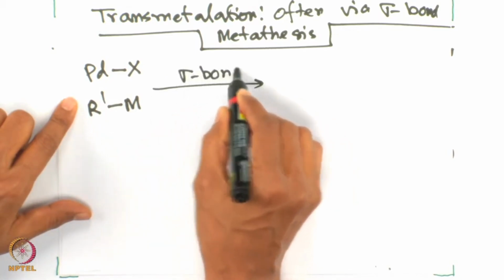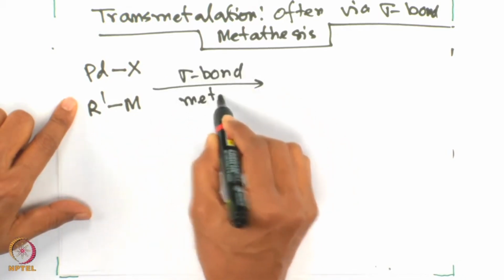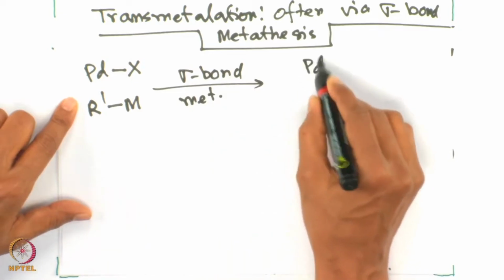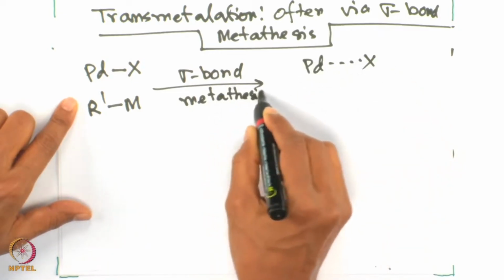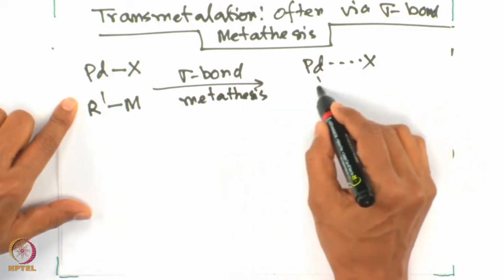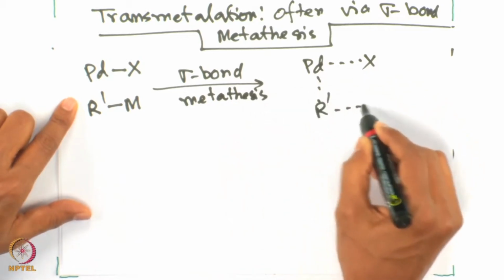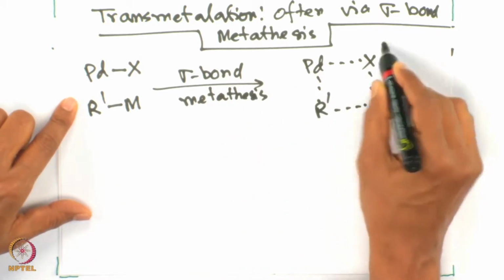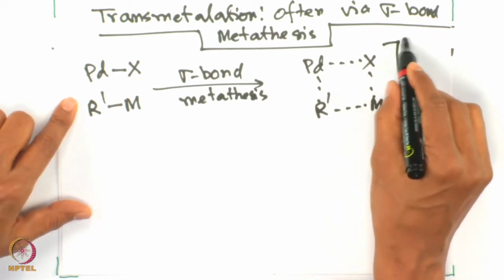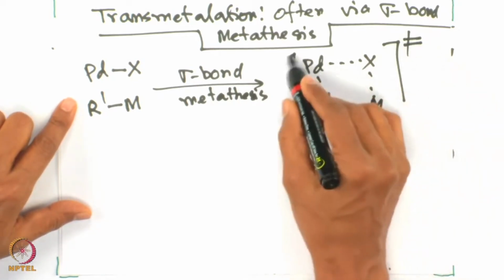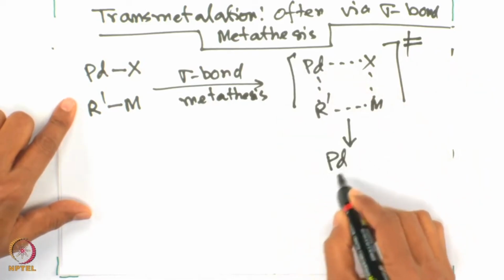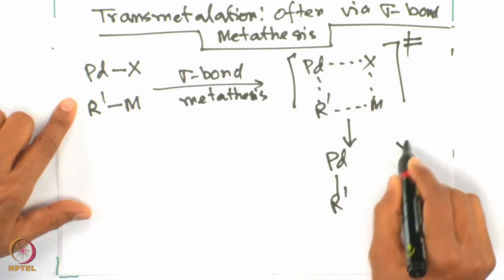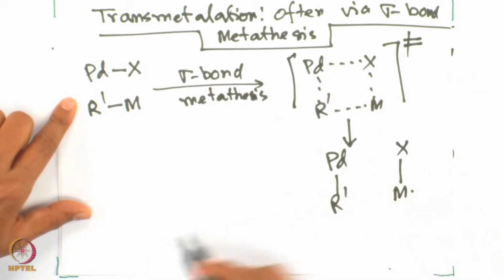Sigma bond metathesis usually will give rise to palladium R prime. This is the four-center mechanism, or sigma bond metathesis mechanism, that would be involved in the transition state, and we have palladium R prime and exchange of partner, XM.